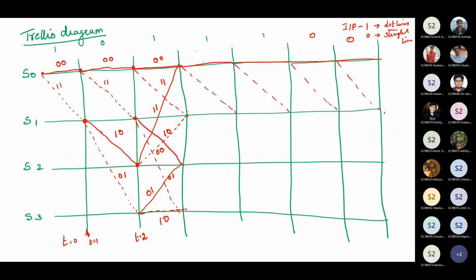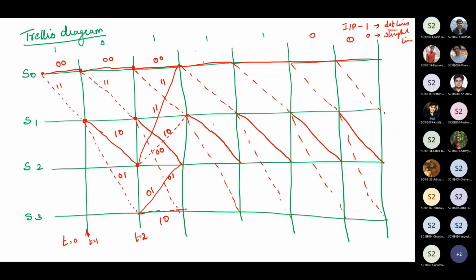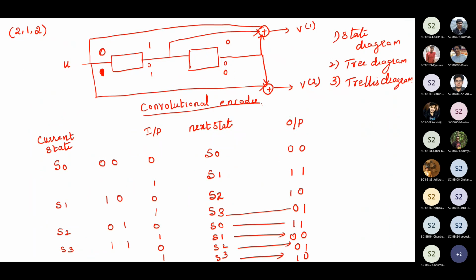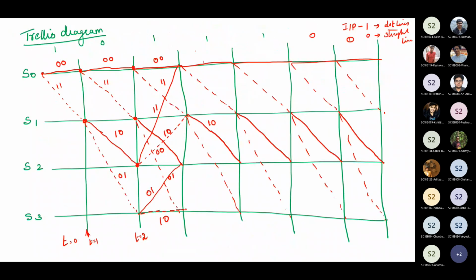Okay, so from here, this value is 1, 0, this value is 0, 0. S3 is 0, 1.